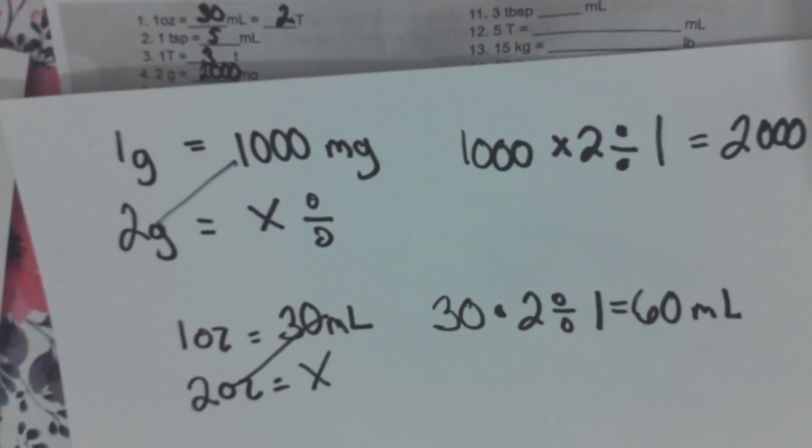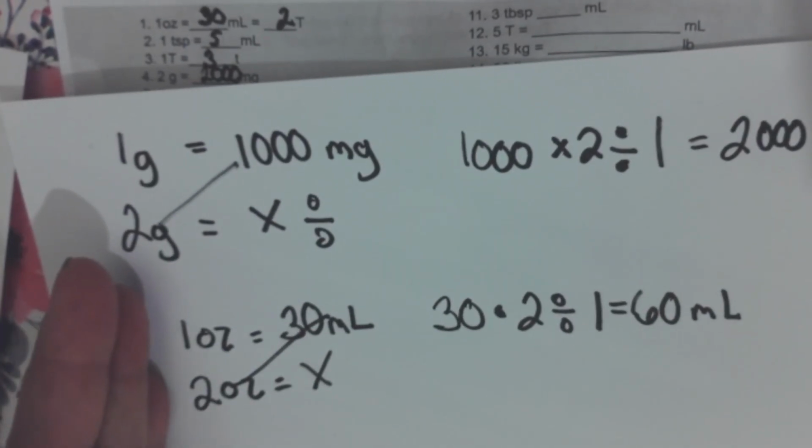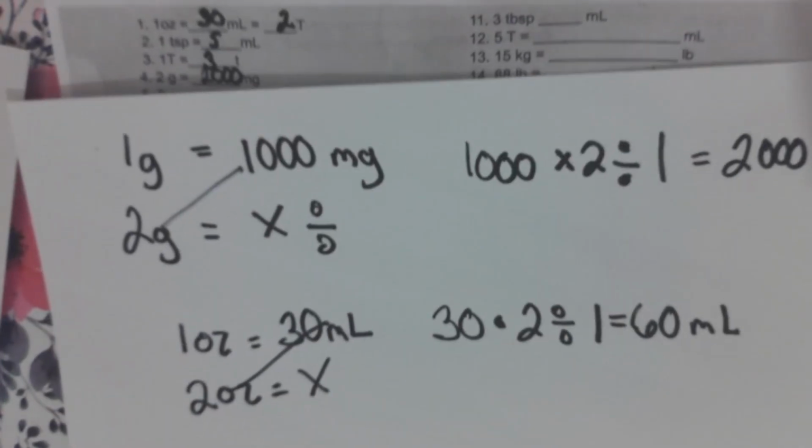See that? Set it up like that. Apples with apples and oranges with oranges. So 2 ounces equals 60 ml.